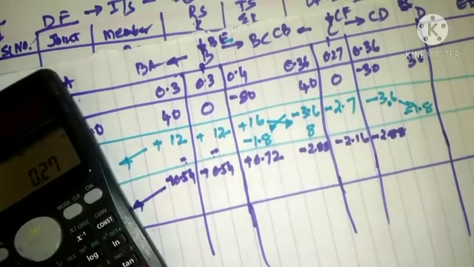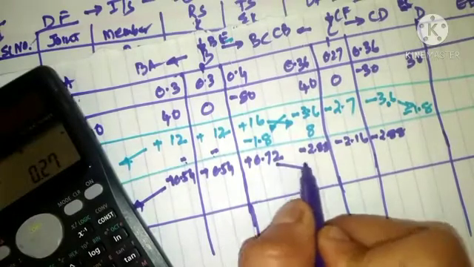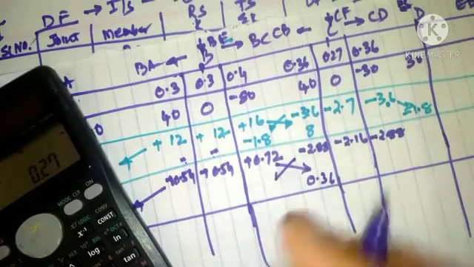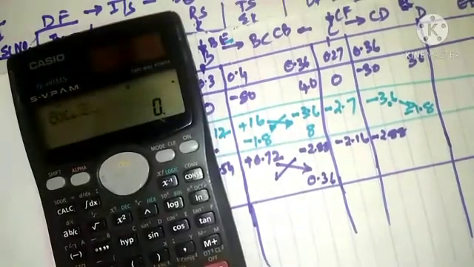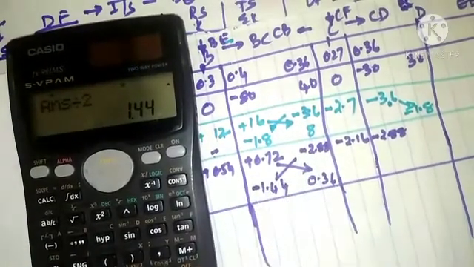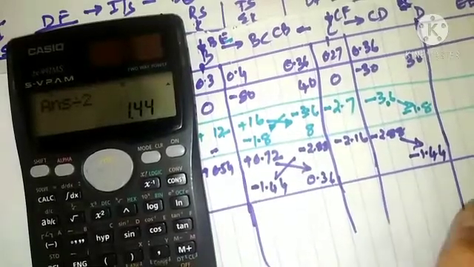Next one, 0.72 will be transferred here as 0.36. Then this is 2.88, because 8 into 0.36 is 2.88, divided by 2 will be 1.44. So minus 1.44, and likewise here it will be minus 1.44.